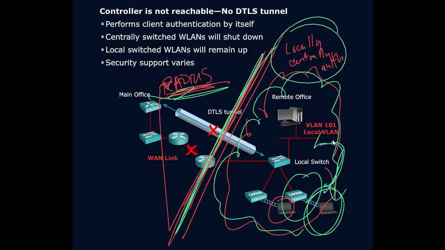As long as we roam within a security area or within a mobility group that doesn't require re-authentication, we're fine. But as soon as we have to re-authenticate or our lease expires, that's it. We're done. The association has ended. When we attempt to reassociate, we will be blocked because we no longer have access to the Radius server.